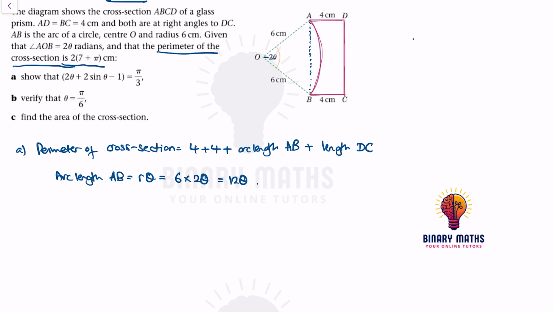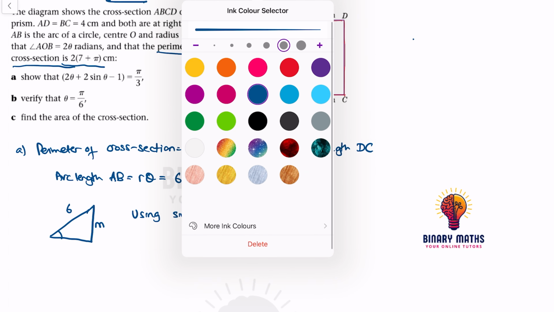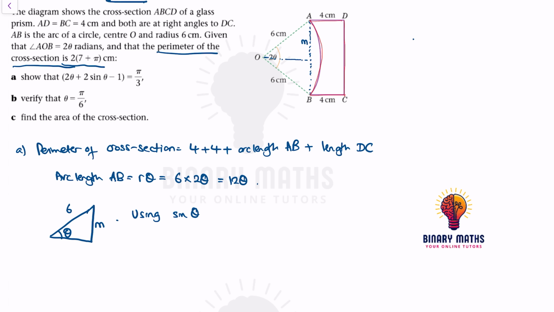So if I split this up and work out this M, I have this triangle, which is theta, this is 6 and this is M. Because I have opposite and hypotenuse, and this angle is theta because it's half of 2 theta, using sine theta is equal to opposite over hypotenuse, I get sine theta is equal to M over 6.